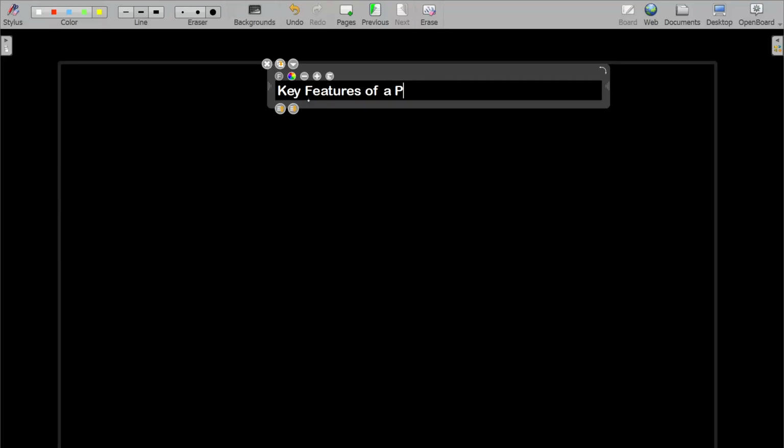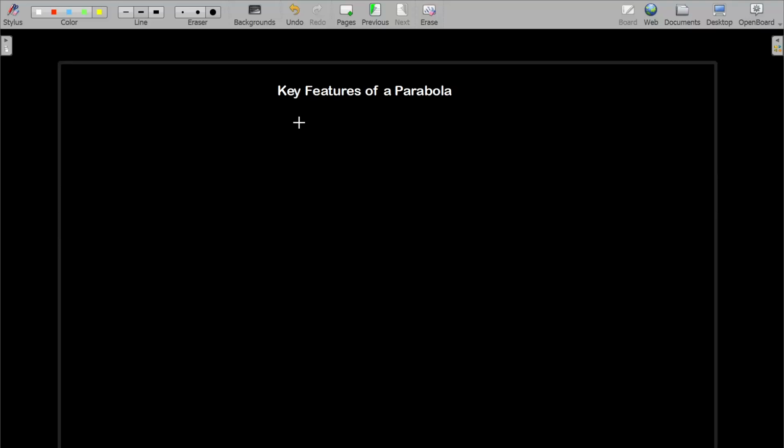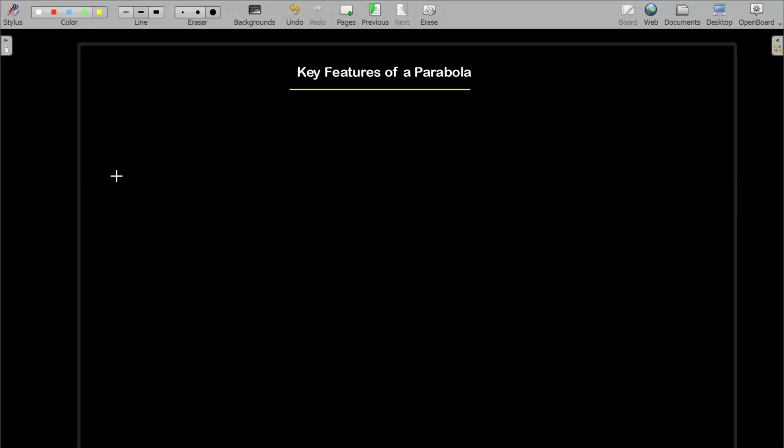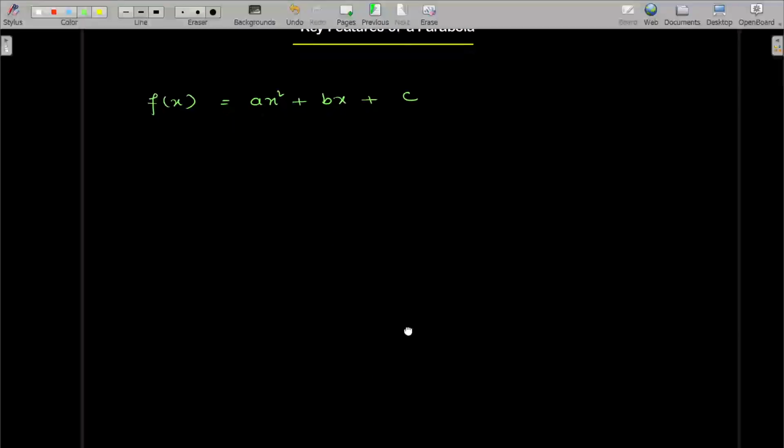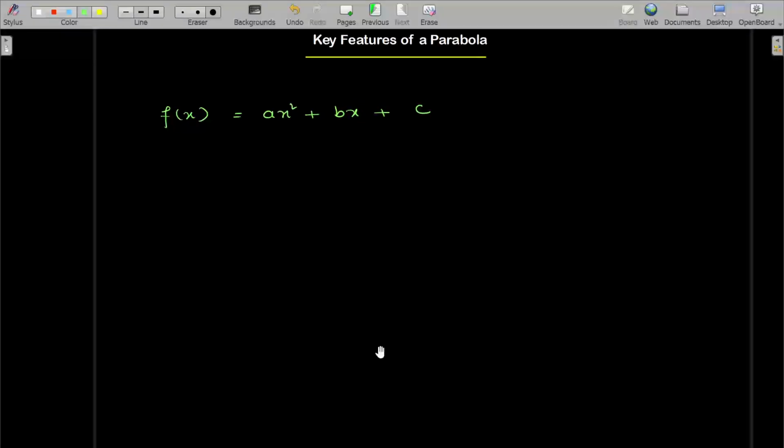So Tanvi, there are 5 key features of a parabola that we need to do. Do you know those 5 features? You have the vertex, the x and y intercepts. Good.